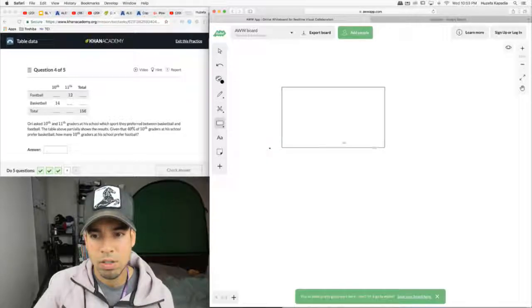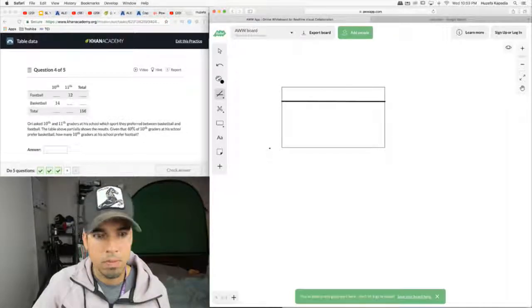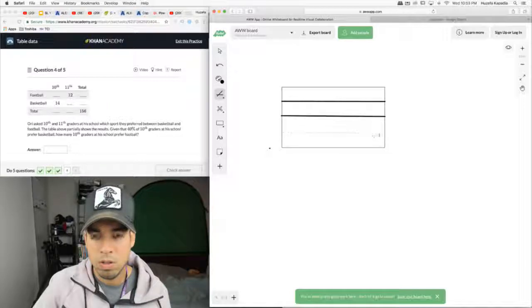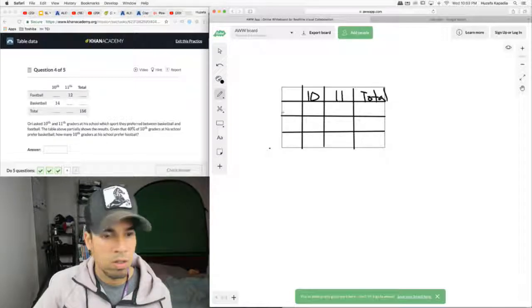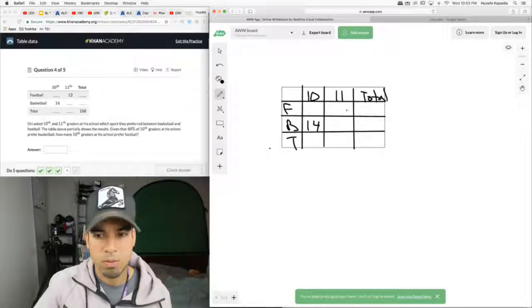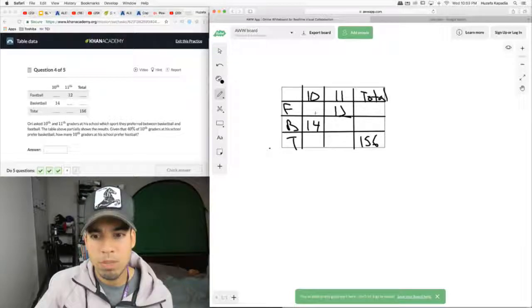I'm gonna graph this out here: 10, 11, total, and then football, basketball, total. So we got 14 here, we got 12 here, and we got 156 here. Now it says the table partially shows the results. Given that 40% of 10th graders at his school prefer basketball.